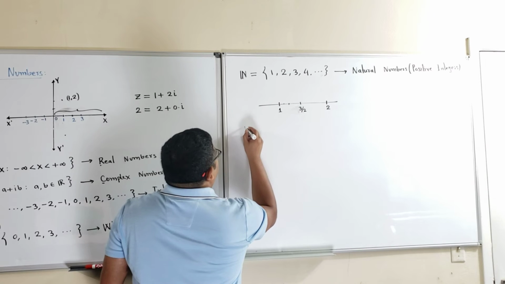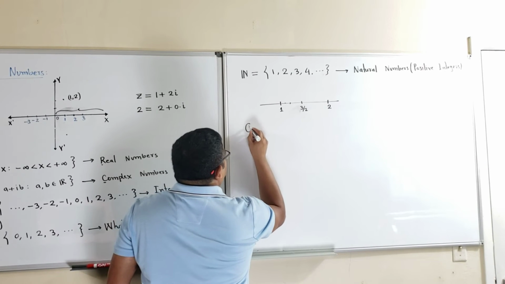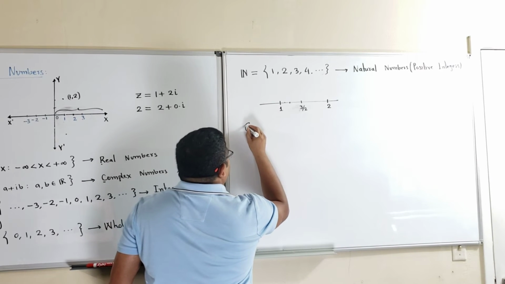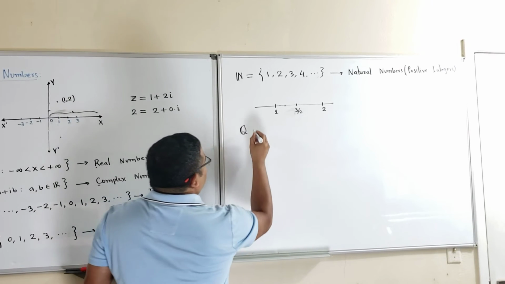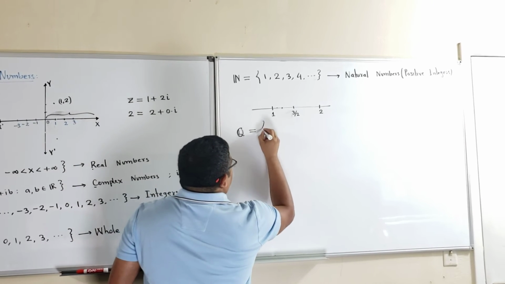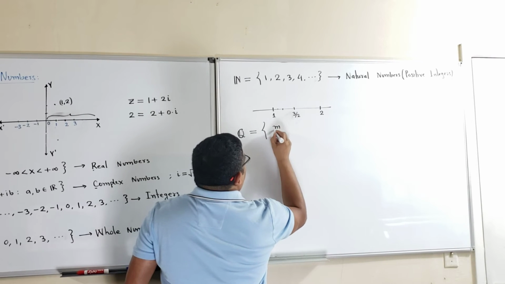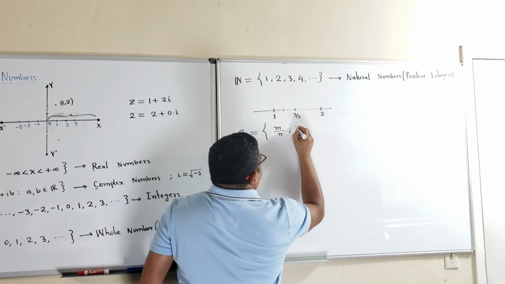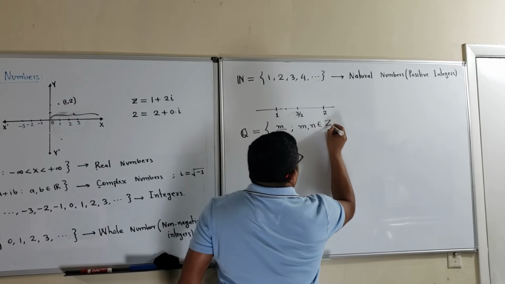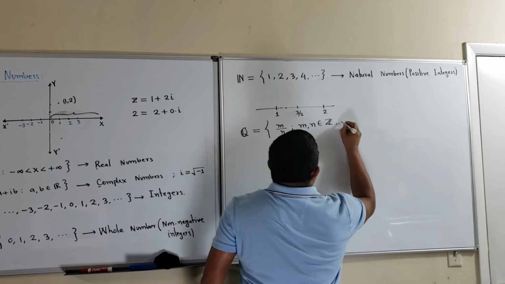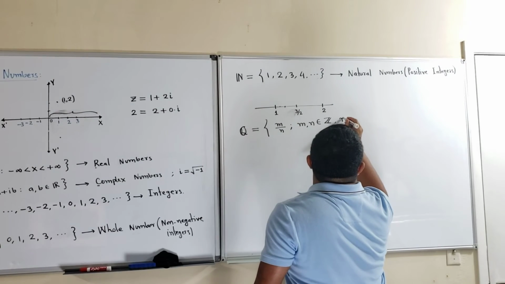So next number is rational number, and it is denoted by Q, and it is of the form m over n, where m and n both are integers, and this n cannot be 0.